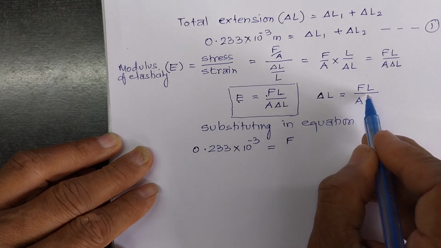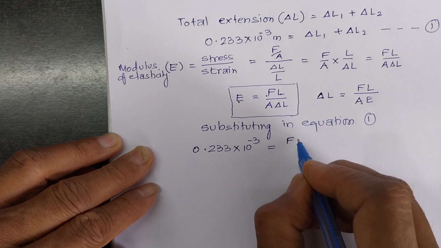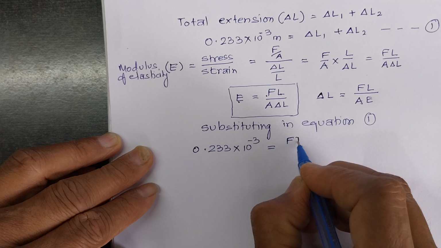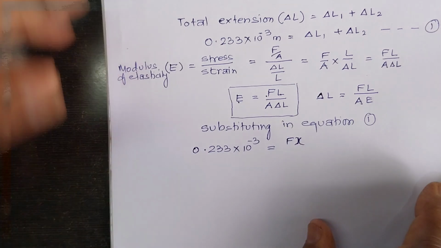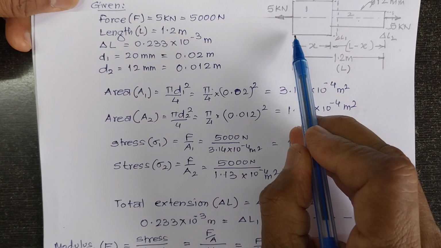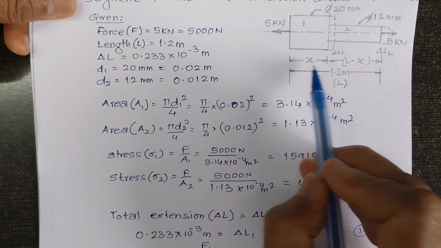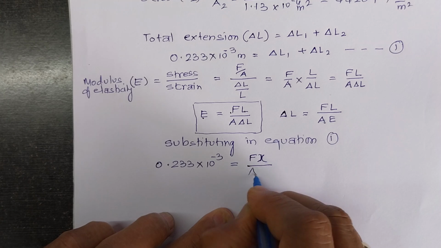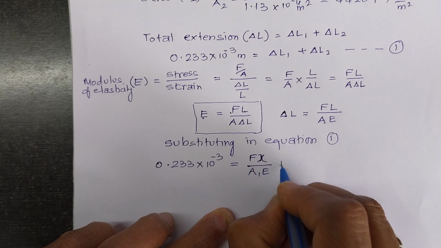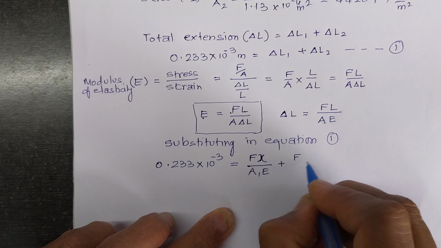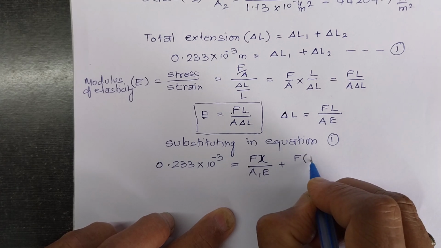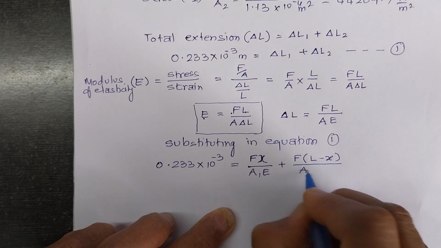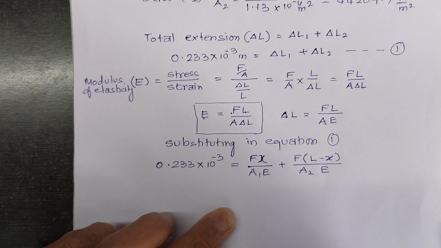We are replacing delta L1 with F L upon A E. So F is common. This will be length segment L. In our case, we have already identified this as X. So the length for the segment 1, we have already labeled it as X. So this will be upon area A1 into E plus, in this case, we'll have F. The remaining length in this case is L minus X upon area 2 into E.